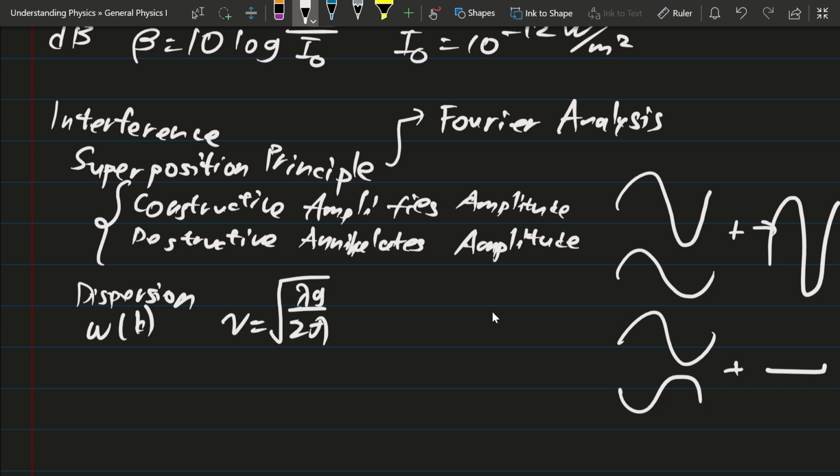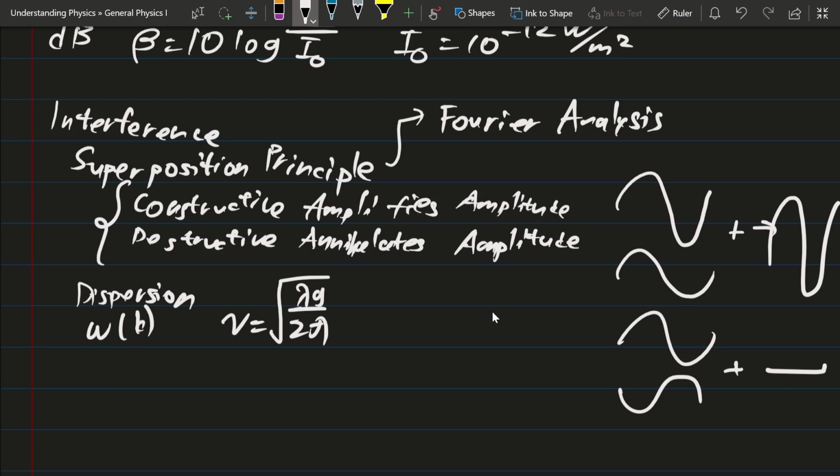Therefore it really depends on the wave number of the wave, which might cause different velocities for the entire waves. So that's something interesting for us to study.